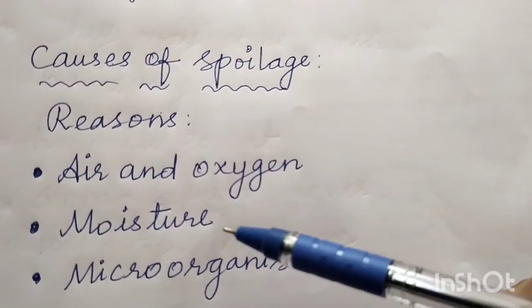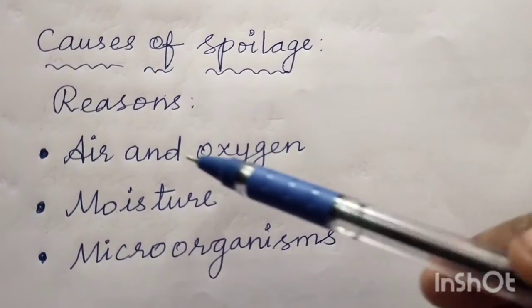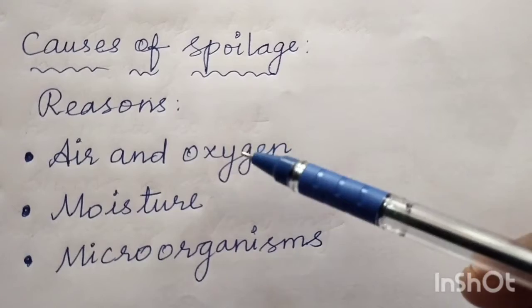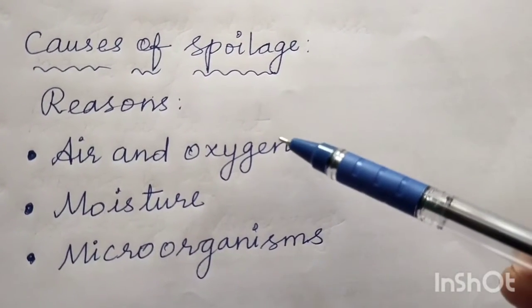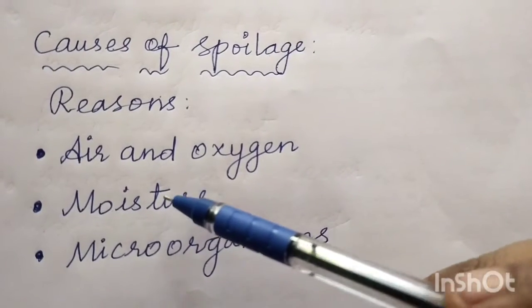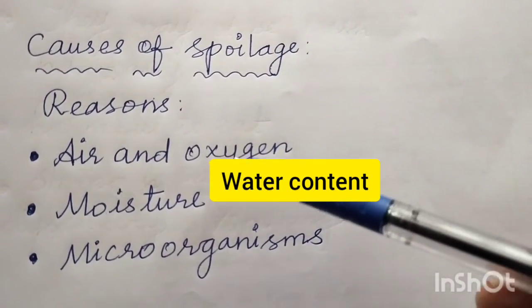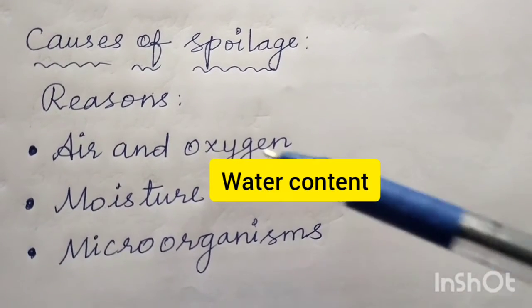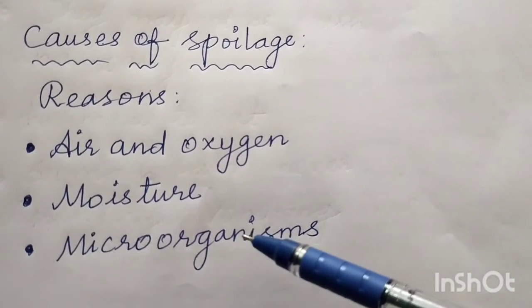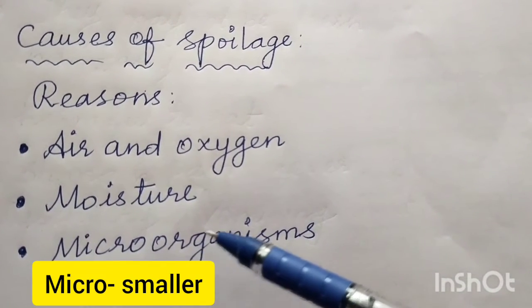Some of the main reasons for spoilage of food are air and oxygen. The oxygen in the air is one of the reasons. Next is the moisture content. Moisture content means the water content. Okay. Next, the last one is microorganisms. Micro means very small.